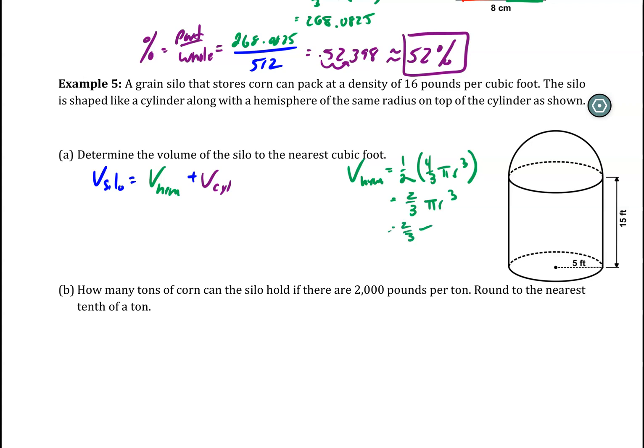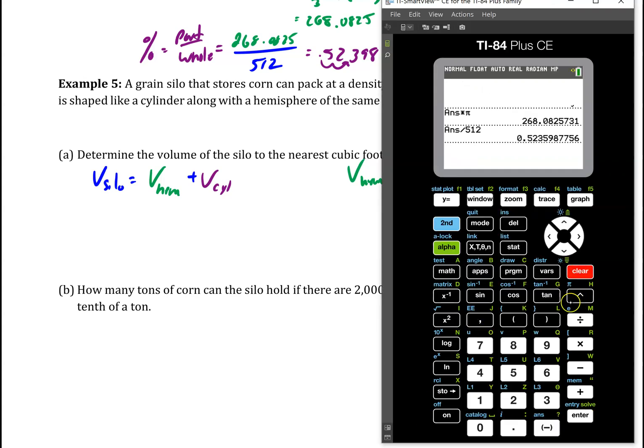So we got 2/3 pi r cubed. Again, this top is the same as the bottom, so my radius is 5. I'm going to plug that into the calculator. Again, because I'm doing more, I'm going to leave it in terms of pi right now. So I'm going to say here, let's do 5 cubed.